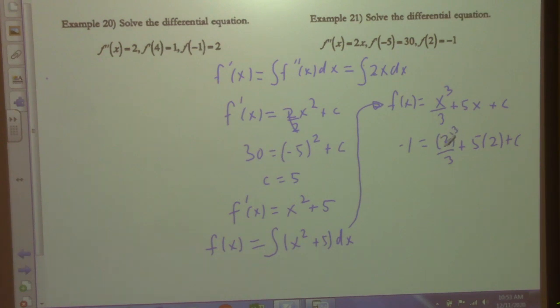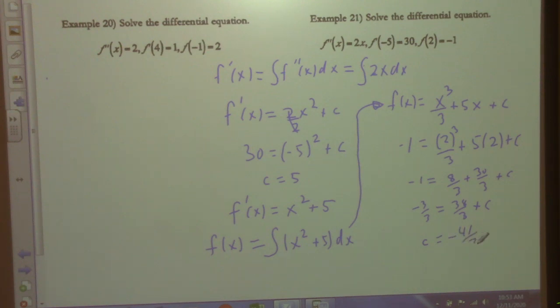So here, this is like -1 equals 8/3 and this is 10, isn't it? Yes. So that's going to be like 30/3, right? So we have -3/3 equals 38/3 plus c, and now we subtract, and I'm thinking c is equal to, is that -41/3?